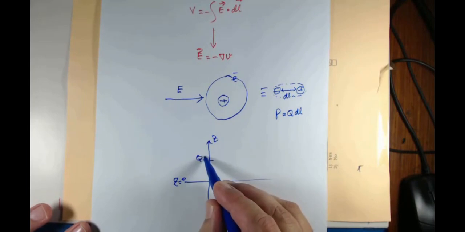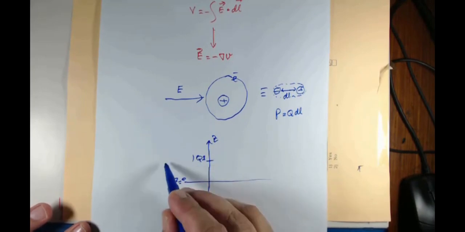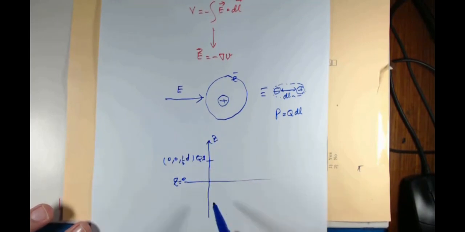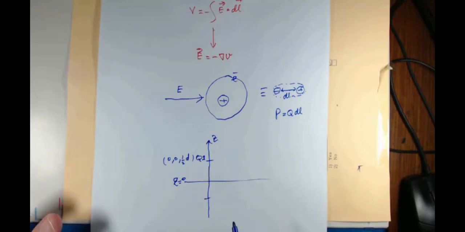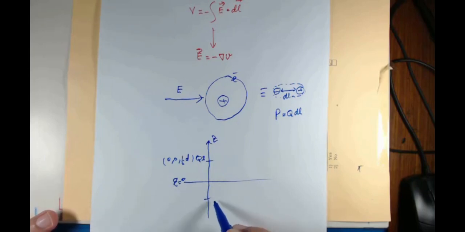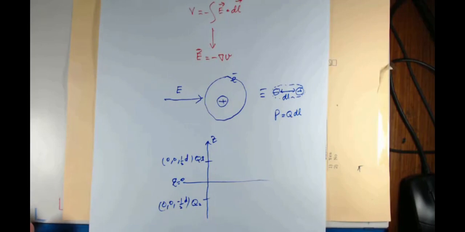Let us call it Q1, and this is located at 0, 0, 1 by 2d, and the negative charge is located below the z equal to 0 plane, that is in the z less than 0 region. Suppose this is Q2, and this is located at 0, 0, minus 1 upon 2d.